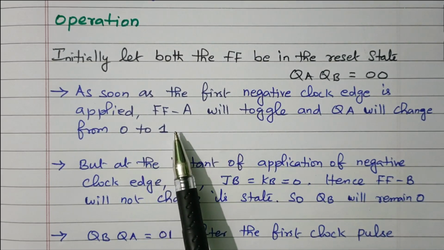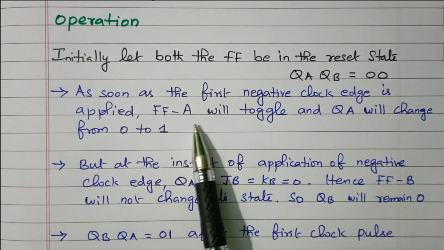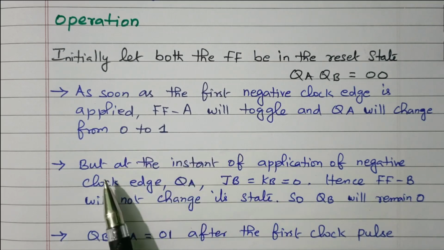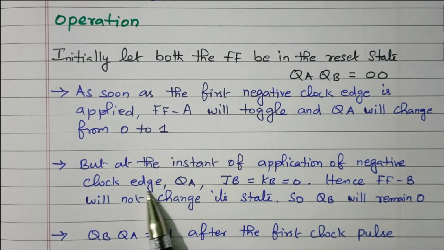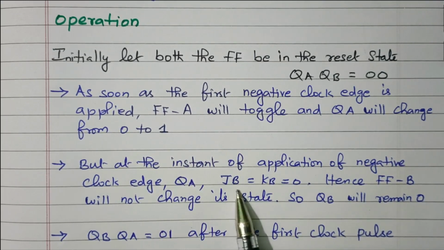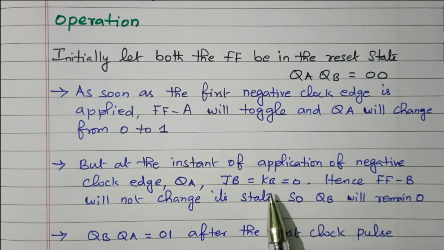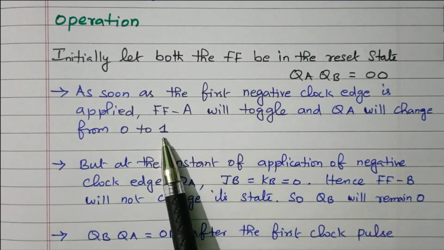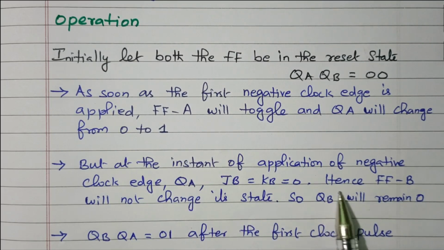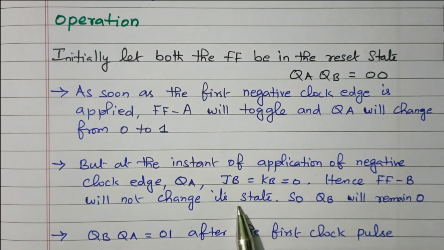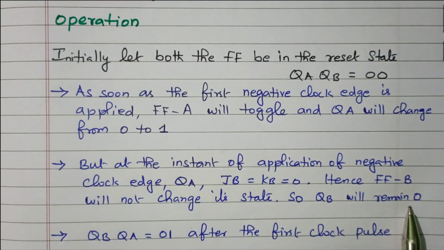So while applying the first clock pulse, the QA output changes from 0 to 1. But at this instant, at the negative clock edge of QA, JB and KB is 0. Hence flip-flop B will not change its state. So QB will remain 0.